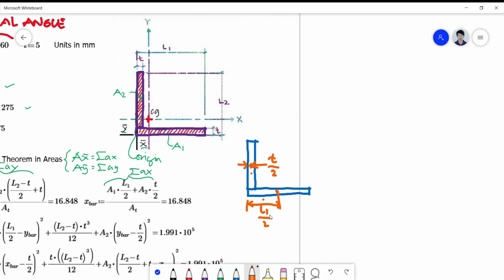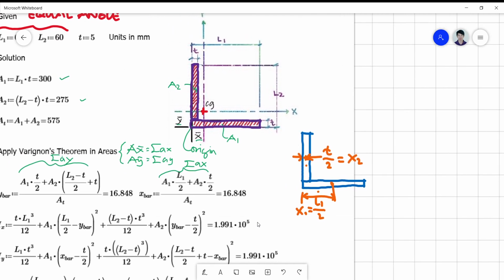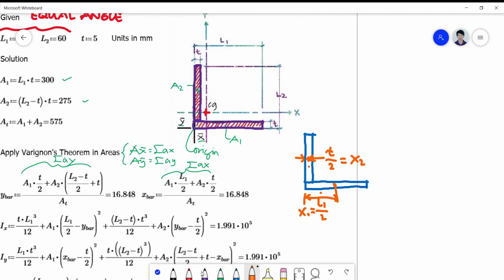So this is equivalent to your x1 and this is equivalent to your x2, such that your equation here has simply L1 over 2 and T over 2 as your x1 and x2.